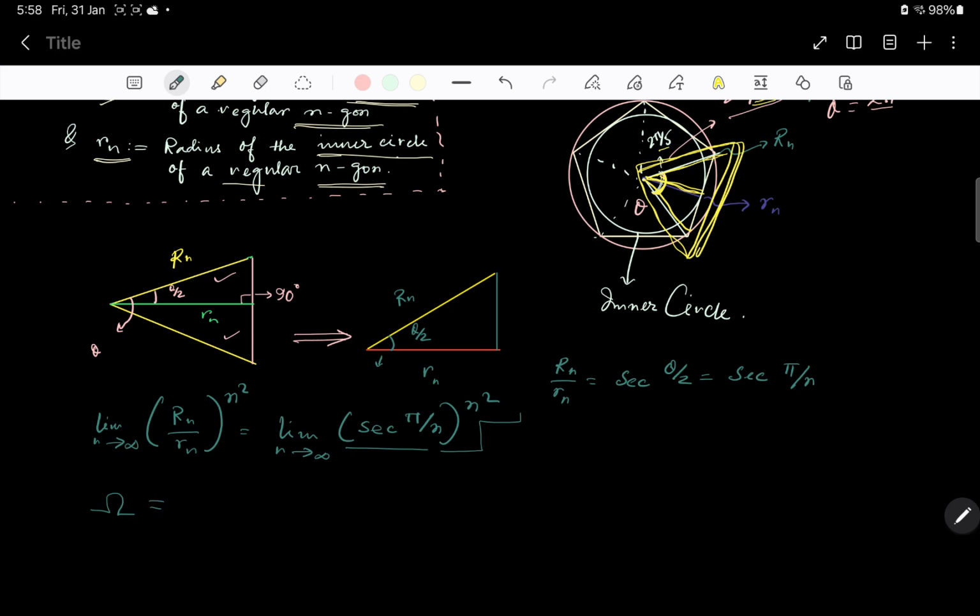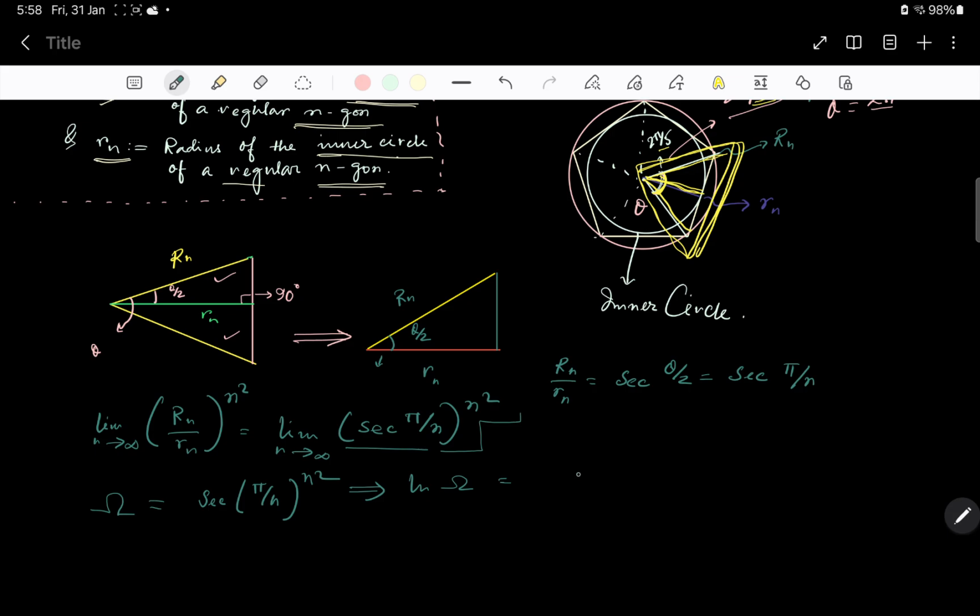You can use any letter you want. So omega equals sec pi by n whole to the power n square.